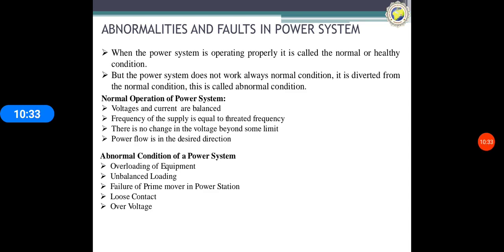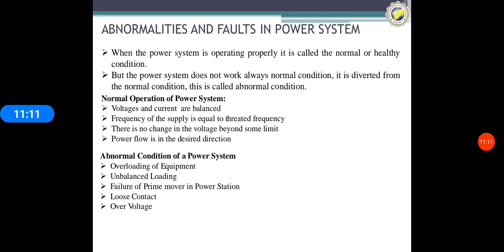Now, what are the abnormal conditions of the power system? The first abnormal condition is overloading of the equipment. This happens when the load on the equipment exceeds its rated capacity. Due to this, the current of the equipment increases, more heat is produced, and the insulation over the conductor is damaged.